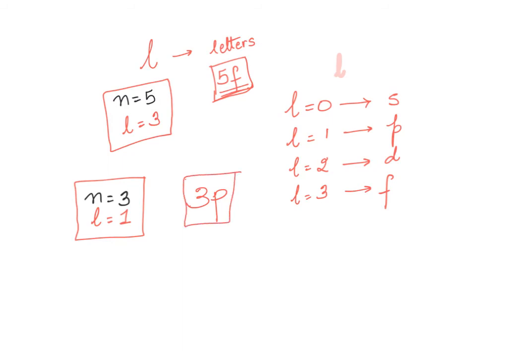What does 3p tell you? 3p tells that electron is present in the third main shell and l value is 1.